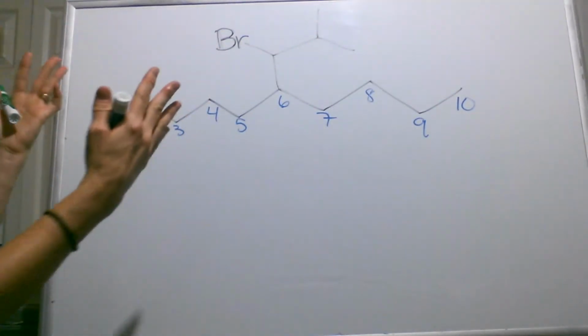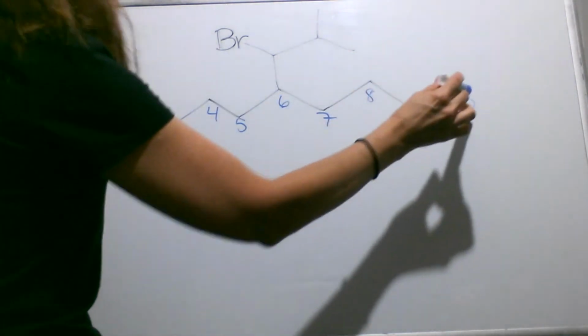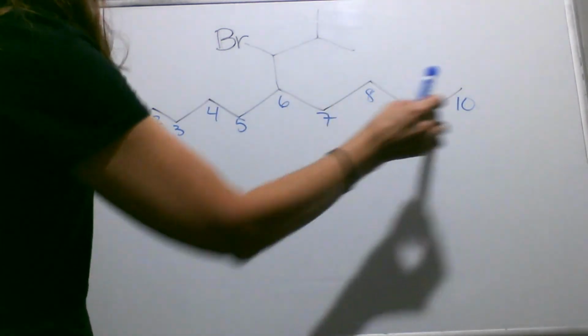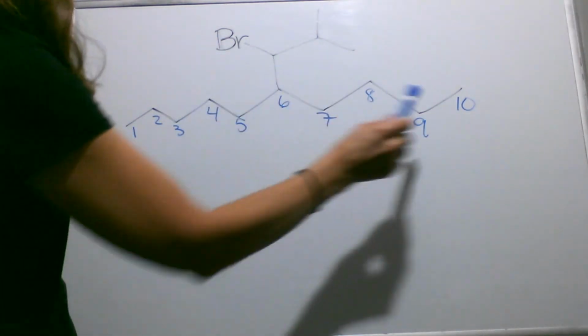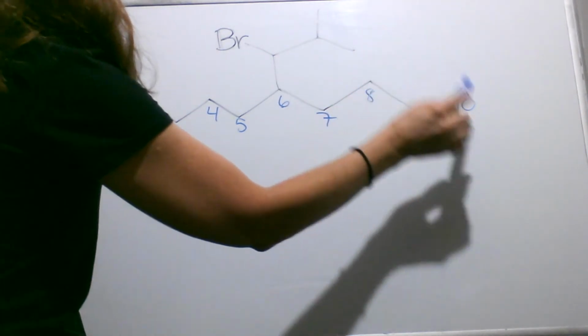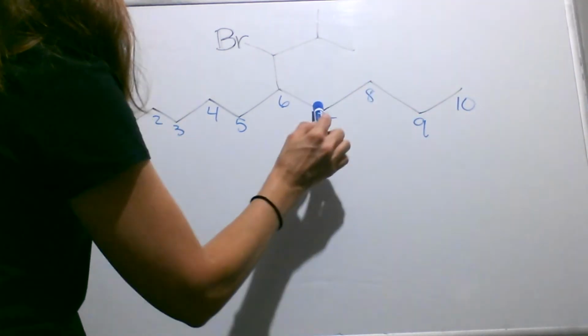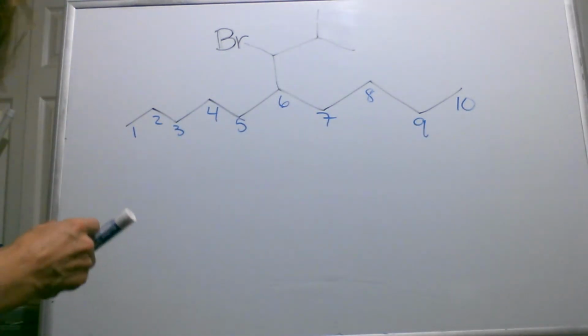So that's all we have. Those are the only possibilities, is we take this carbon chain up into the substituent, or we just look at it straight across. We should actually double check though from this direction going this path. So 1, 2, 3, 4, 5, 6, 7, 8. So clearly this is our parent chain.